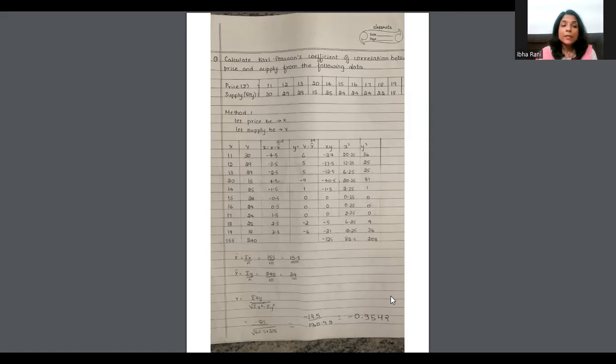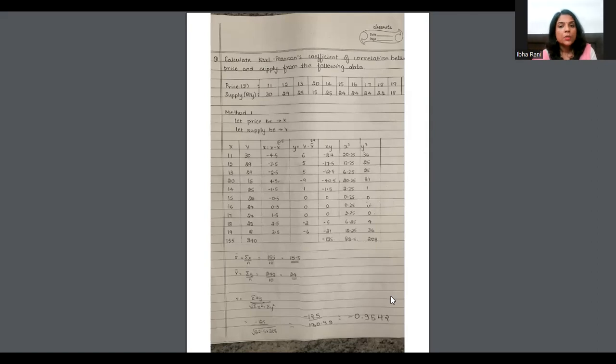The value of R always ranges from minus 1 to plus 1. If R is minus 1, it is perfectly negatively correlated. If R value is plus 1, it is perfectly positively correlated.